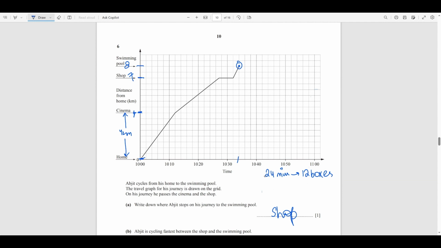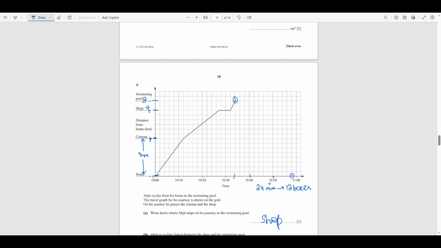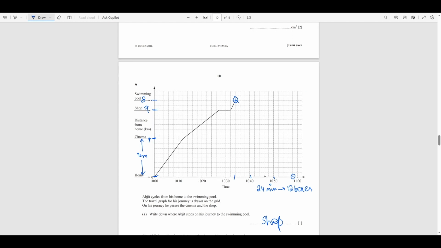So these are 3, and then 5, 8, 9, 10, 11, 12. So this is the time when he's going to reach. So I'm just going to try to make a straight line. This is roughly the line, my graph.